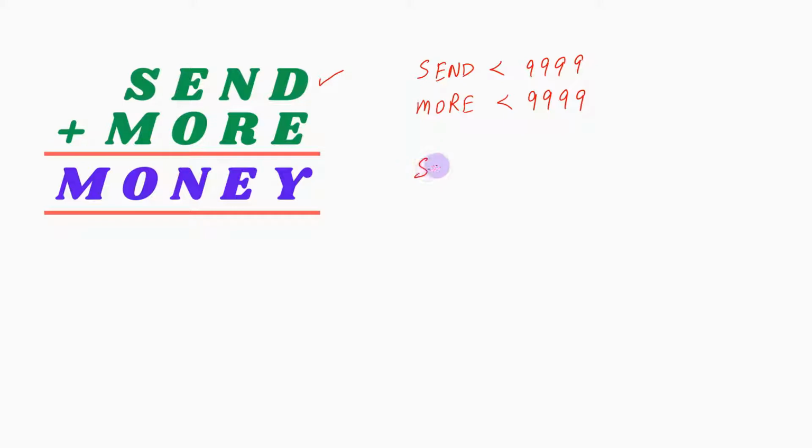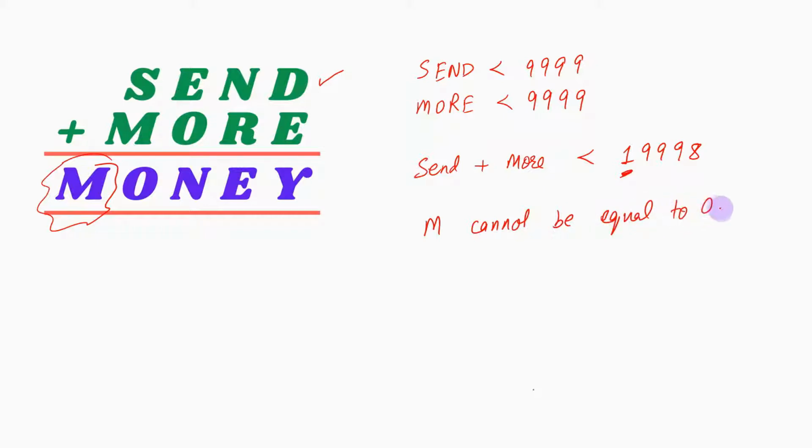When you add these two numbers, SEND plus MORE has to be less than 19998, and hence we can have either 1 or 0 in the place of M. Now obviously M cannot be 0, because in that case MONEY would become a 4-digit number instead of a 5-digit number, and that is not possible. So M has to be equal to 1.